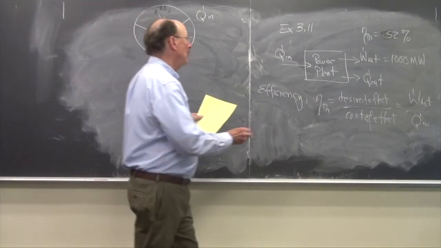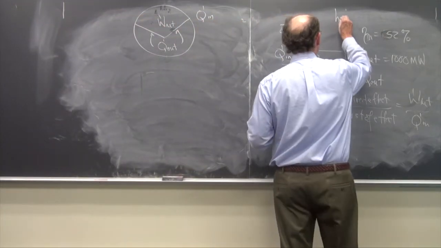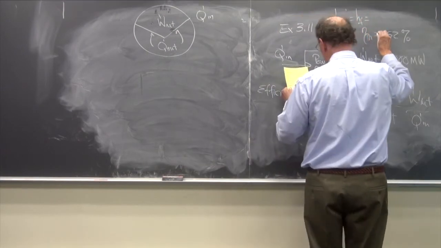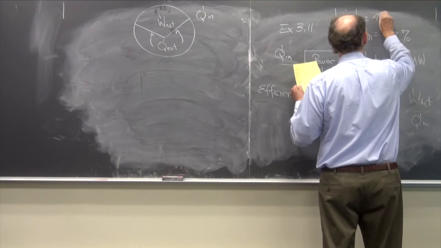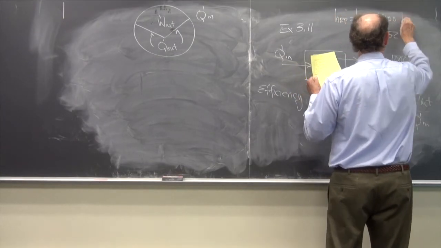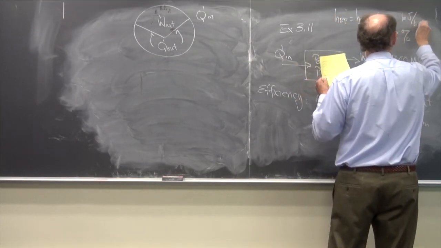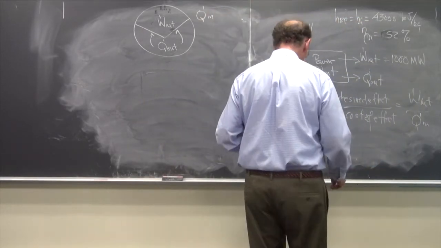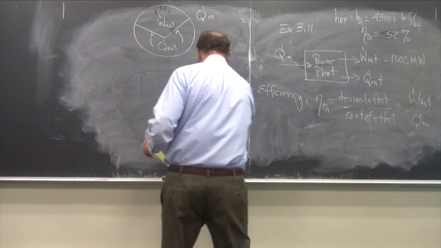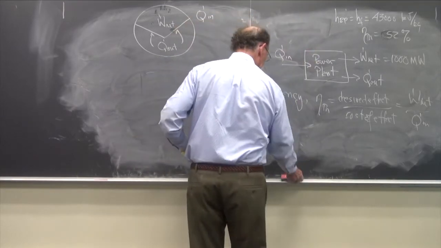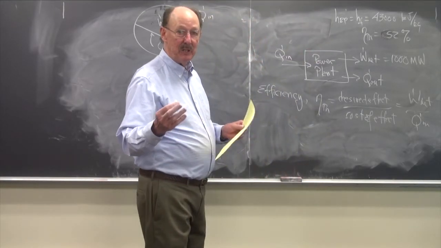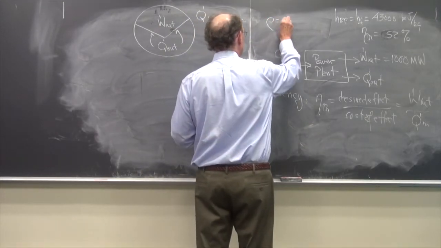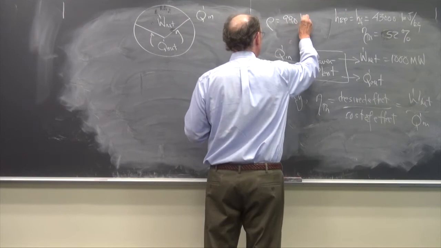We're also told that the heating value, H sub RP, which is basically the enthalpy of the fuel, is 43,000 kilojoules per kilogram. And the density is 990 kilograms per cubic meter.